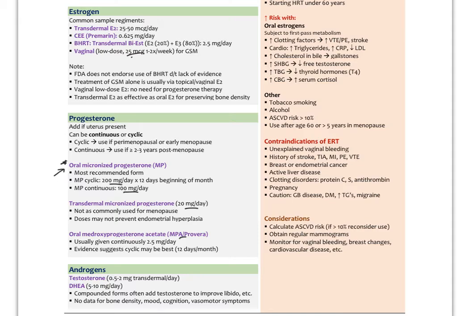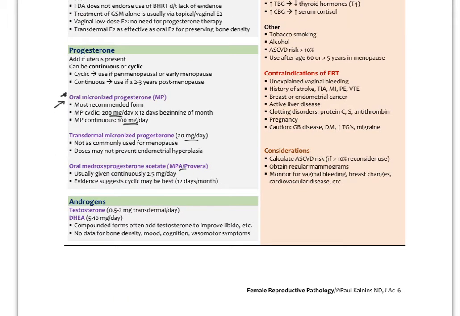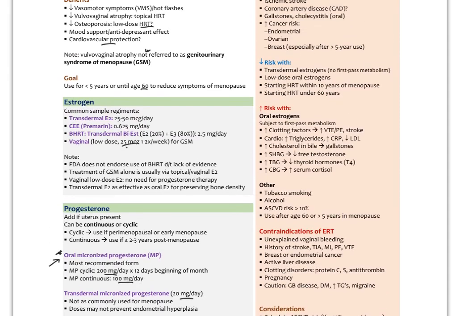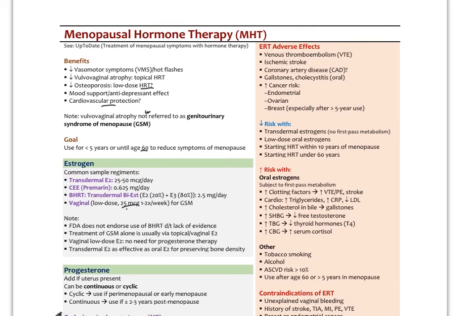And then androgens, testosterone would be typically 0.5 to 2 milligrams transdermal a day, and then DHEA, again, 5 to 10 milligrams a day. And that's more to improve libido and sexual dysfunction. We have no data on whether or not these improve bone density, mood, cognition, or any of the vasomotor symptoms yet. Okay, so those are the different hormones used in menopause.